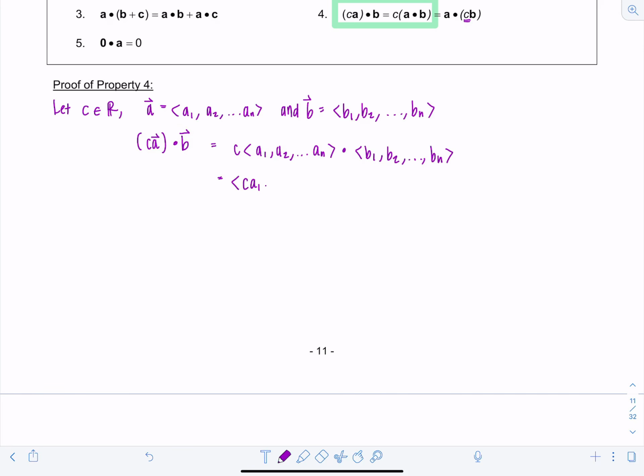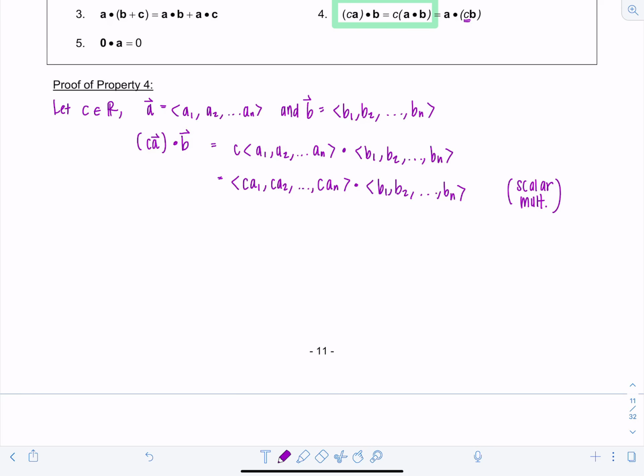So I have ca1, ca2, up until can, dotted with b1, b2, up until bn. What allows me to do this? Well, this is basically scalar multiplication.